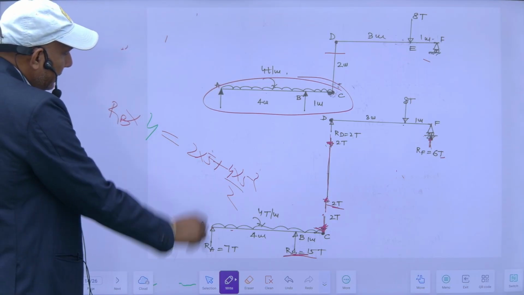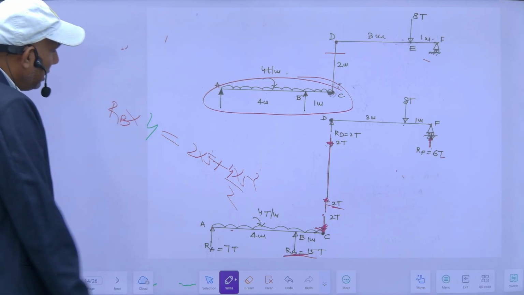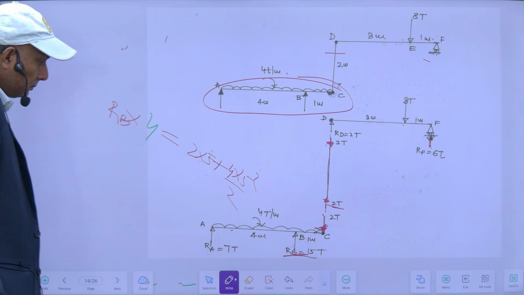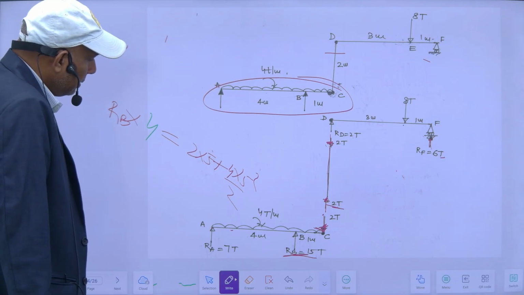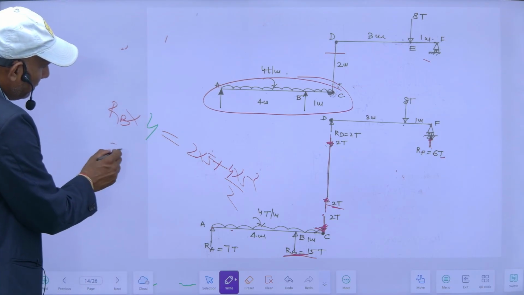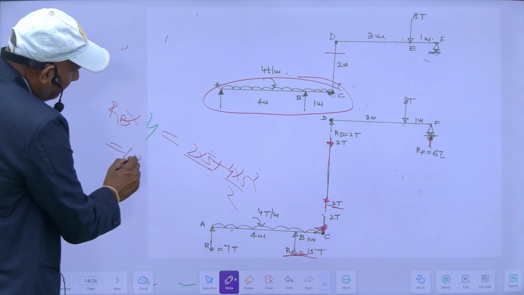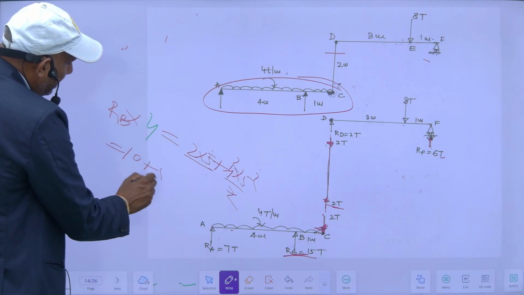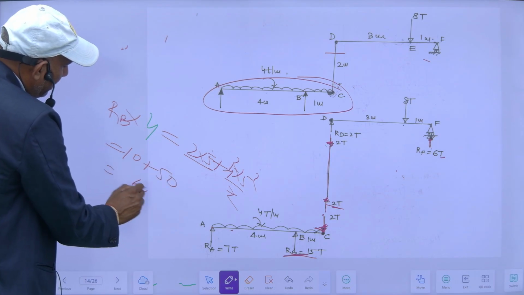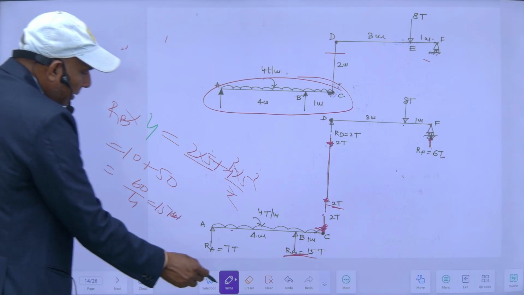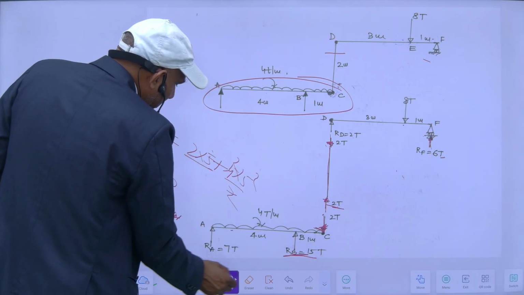So from this I can get the value of RB. RB will be equal to 10 plus this 25 into 2, 50. So this will be 60 divided by 4. So this will be 15 kilonewton, 15 ton.